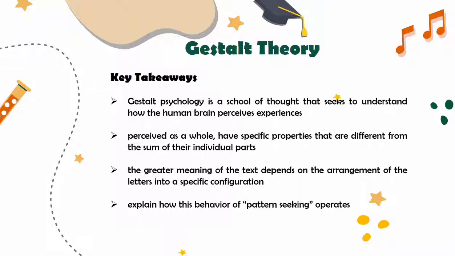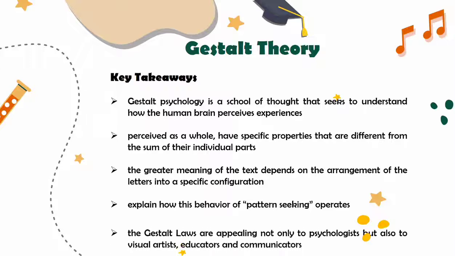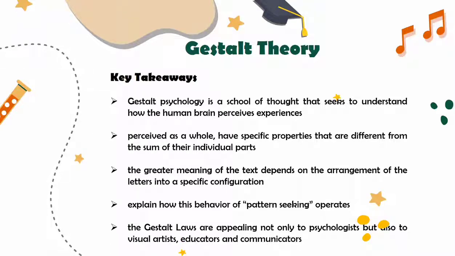The Gestalt principles, or laws of perception, explain how this pattern-seeking behavior operates. They offer a powerful framework to understand human perception and yet are simple to assimilate and implement. For that reason, the Gestalt laws are appealing not only to psychologists but also to visual artists, educators, and communicators.